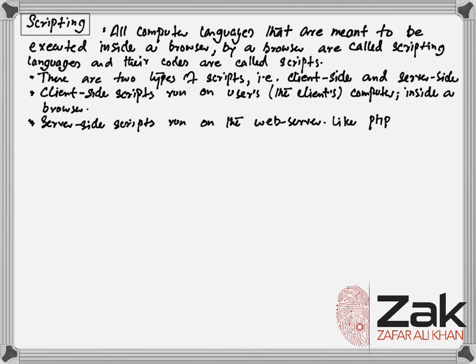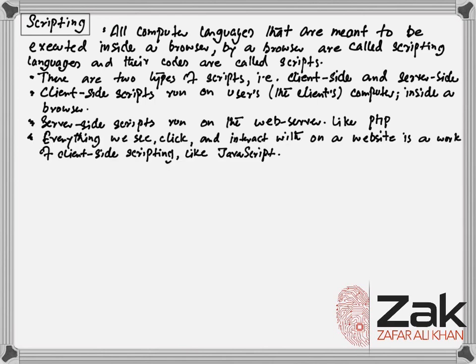Server side scripts run on the web server, like PHP. So user side or client side scripts are JavaScripts. Everything we see, click and interact with on a website is actually the work of a client side script like JavaScript.